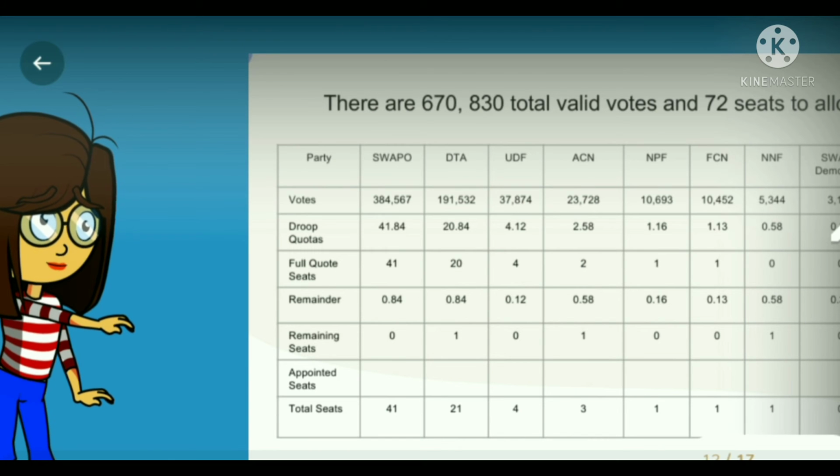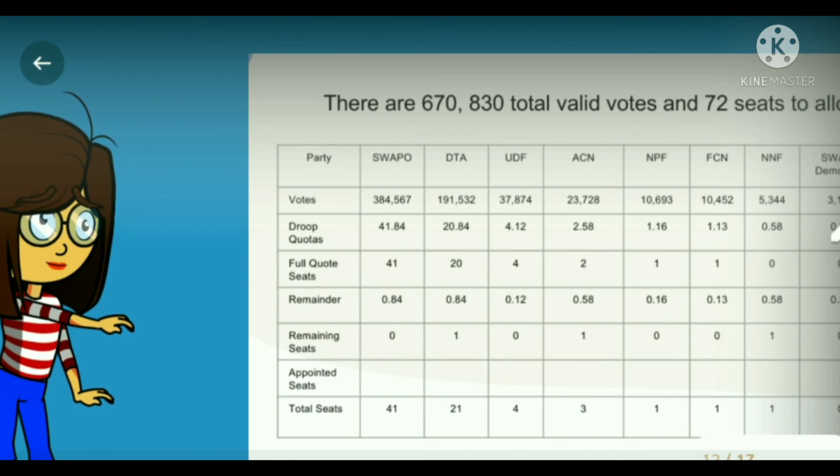So DTA has the highest number, and then we also have ACN 0.58 and NNF 0.58. So we have already allocated our 3 available seats.